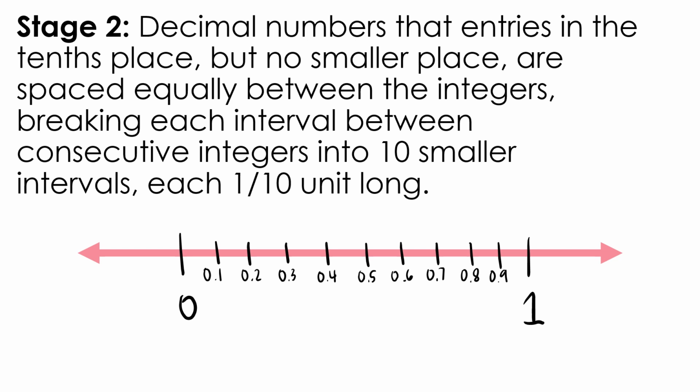But what if you have a decimal number that's got an entry in the hundredths place? Well, then you've got to zoom in even further. So you can think of each stage as kind of like you're zooming in into an interval.